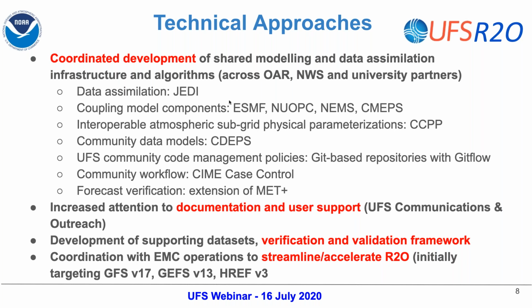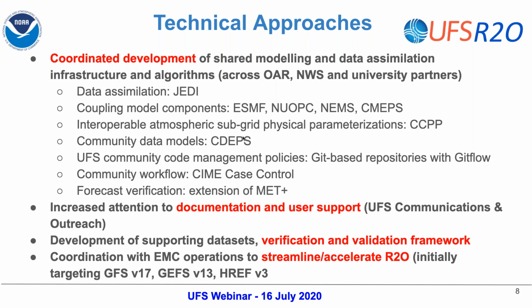We also have a number of software infrastructure capabilities for coupling model components. At the low level, we're looking at the Earth System Modeling Framework and the National Unified Operational Prediction Capability, which is a multi-agency development activity. Actually, both ESMF and NUOPC are multi-agency development activities. Then the National Environmental Modeling System and CMAPs, as mediators that take into account data that's flowing from one component model to another.